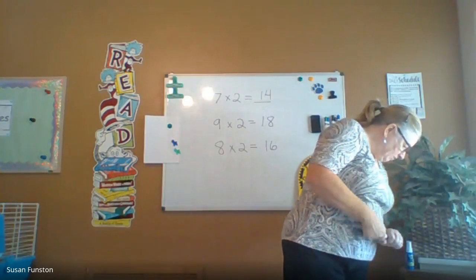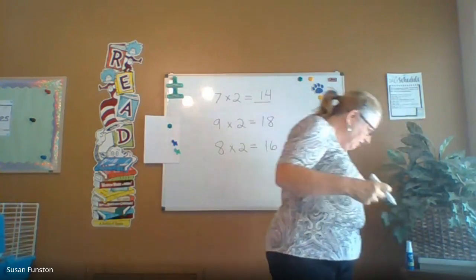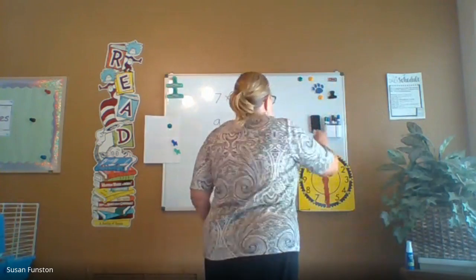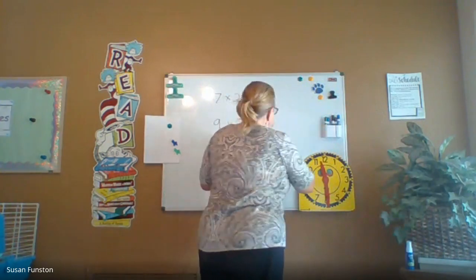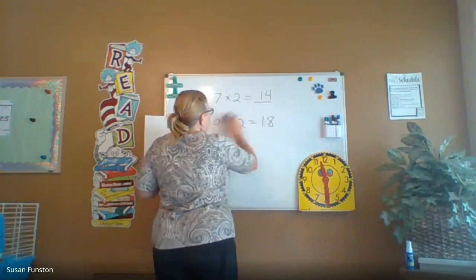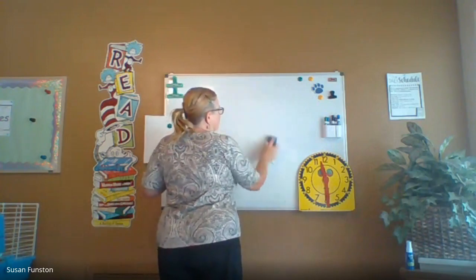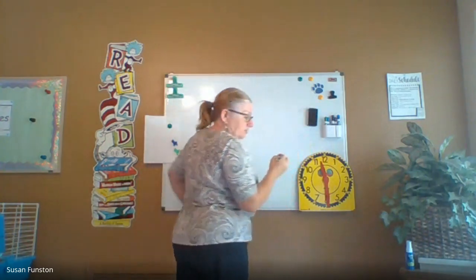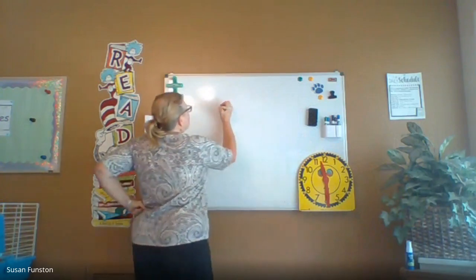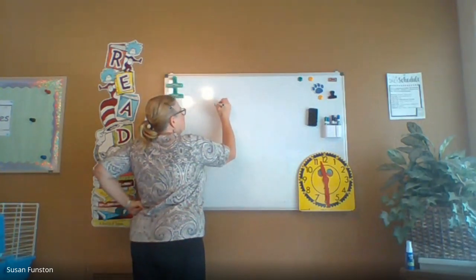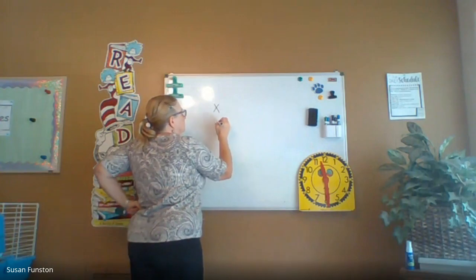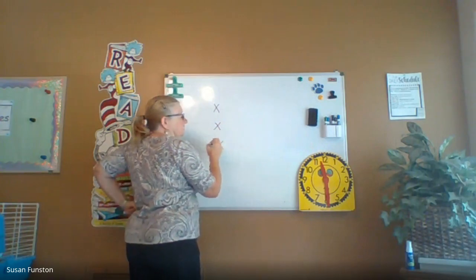All right, I am going to draw a 3 by 6 array. This is an array that we could have used for our application problem this morning. So I have one, use X's, 1, 2, 3 guitars.